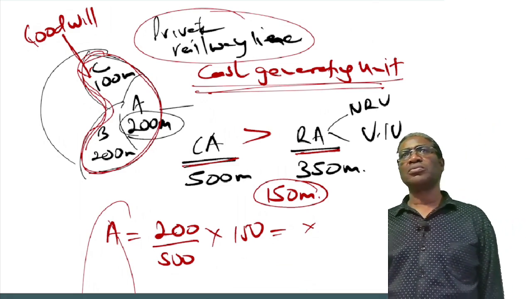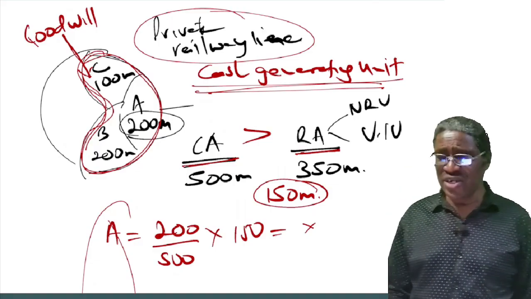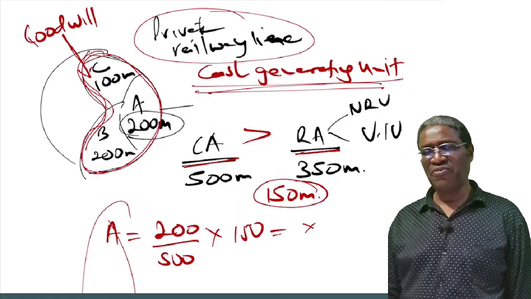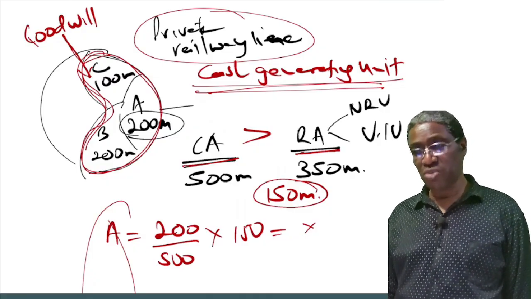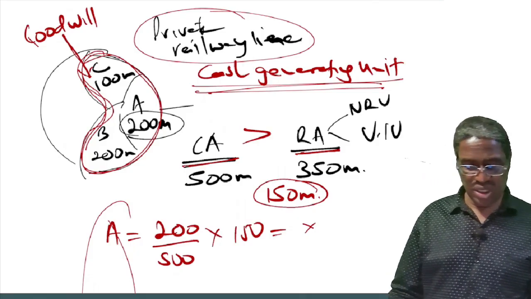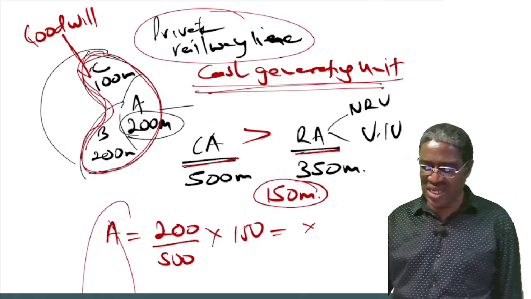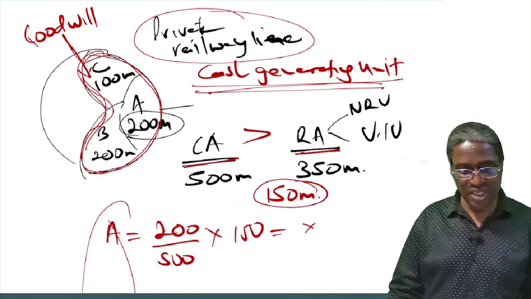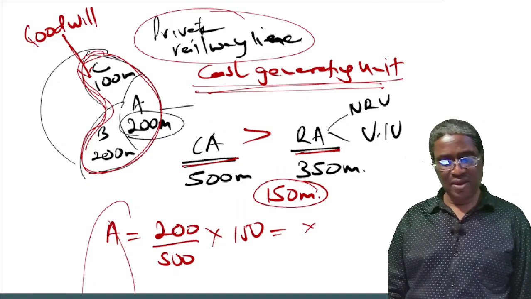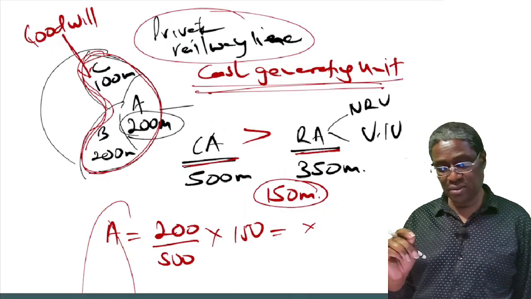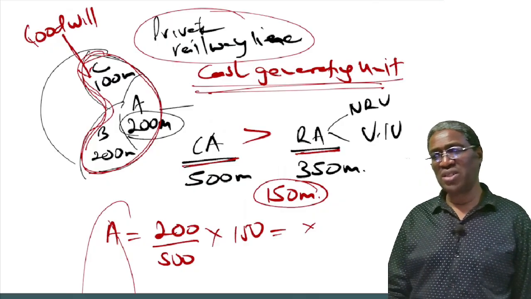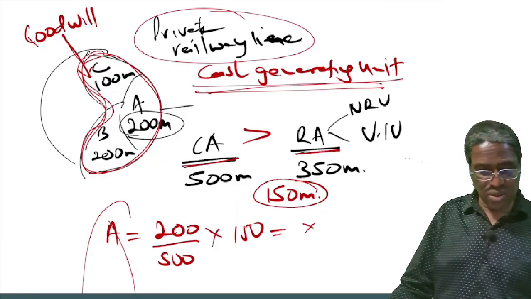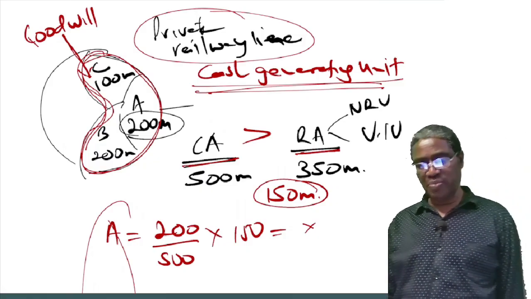Therefore, a cash generating unit is the smallest group of identifiable assets that can generate its own independent cash flows.